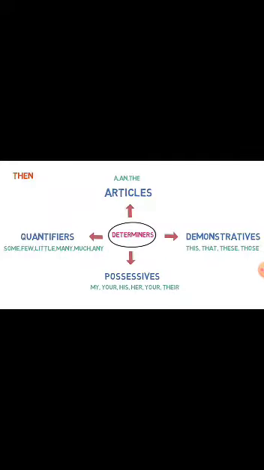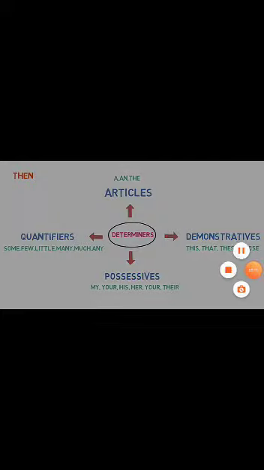First one, articles, which are a, an, the. Second one, demonstratives, which are words like this, that, these, those. Third, possessives, which are words like my, your, his, her, our, their. And fourth one, quantifiers, which are words like some, few, little, many, much, more. So that's all about determiners in this video.